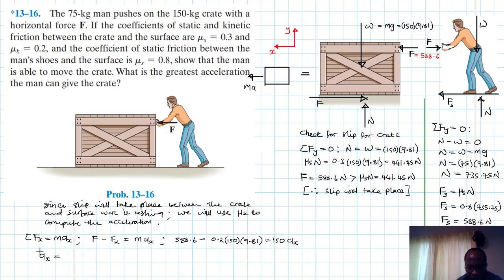And therefore our ax is just going to be equal to, let's work it out, 588.6 minus 0.2 times 150 times 9.81, divided by 150.